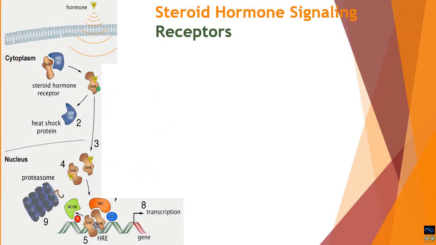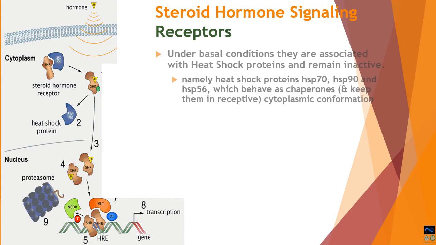As we know, steroid hormones are class 1 hormones, so their receptors are located within the cytoplasm. The hormone has to move through the plasma membrane into the cytoplasm of the cell to interact with its specific receptor. Under basal conditions, the receptors for the steroid hormones are associated with heat shock proteins, and while associated with them, they remain inactive.